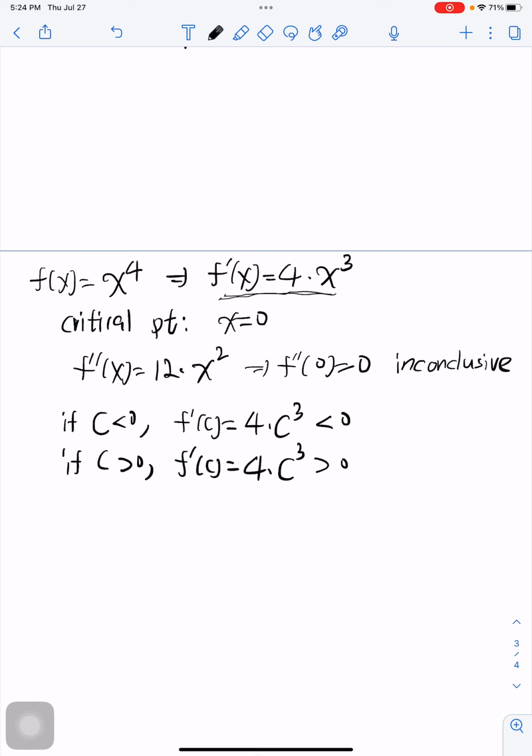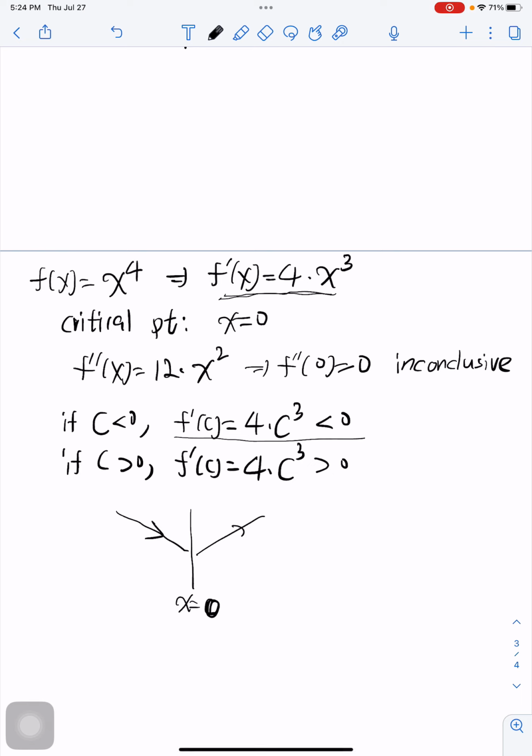In other words, if this vertical line represents x equals 0, then when c is less than 0, the function is decreasing. When c is greater than 0, the function is increasing.